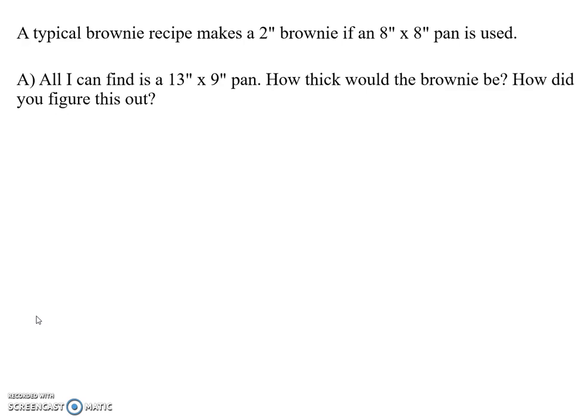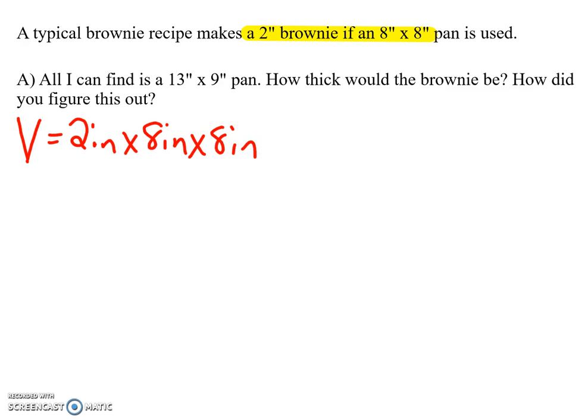So I'm going to start with the idea that I have a 2-inch brownie in an 8 by 8 pan. So if I think about that brownie, that would be a rectangular prism, which would be length 2 inches by width 8 inches by height 8 inches.